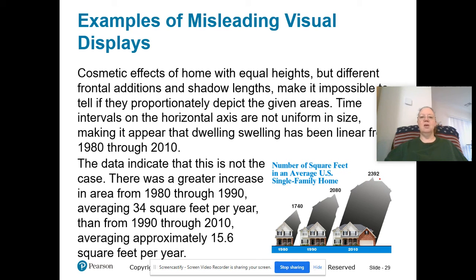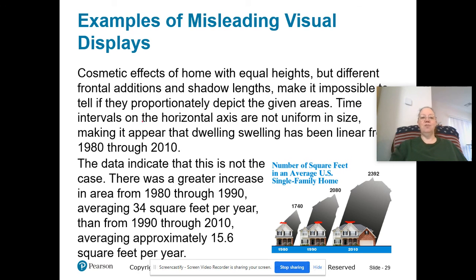Okay. So the home right here is equal height, but they put different frontal additions on the house and the shadow. It's impossible to tell if it's proportionately depicted.